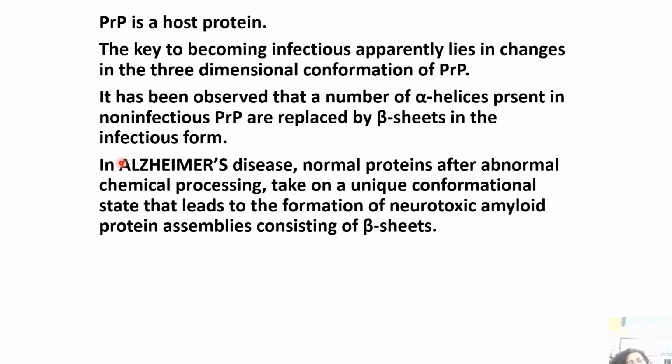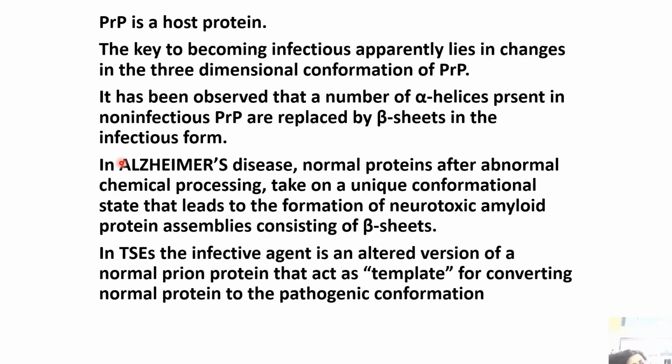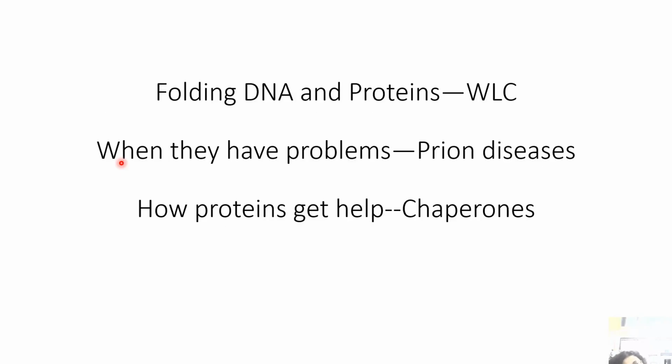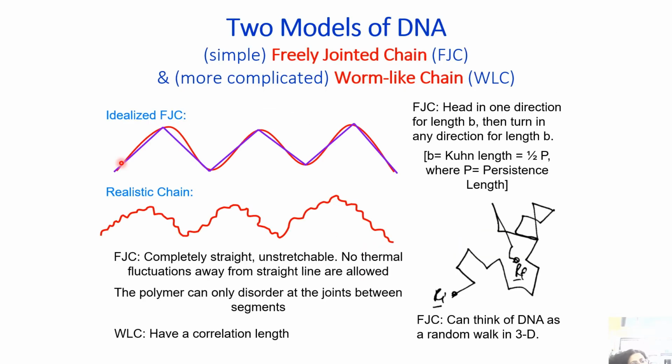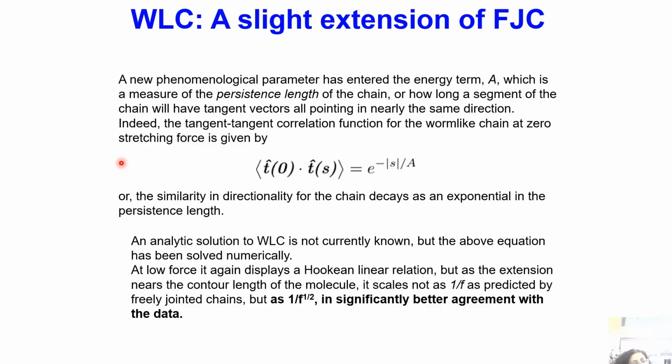So in Alzheimer's disease, normal proteins after a normal chemical processing take on a unique conformational state that leads to the formation of neurotoxic amyloid protein assemblies consisting of beta sheets. So in TSEs, the infective agent is an altered version of a normal prion protein that acts as a template for converting normal protein to the pathogenic conformation. We will not go into these things.